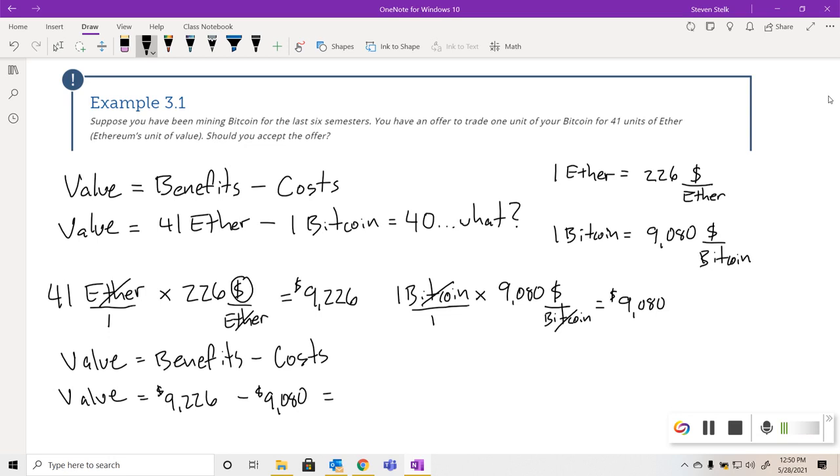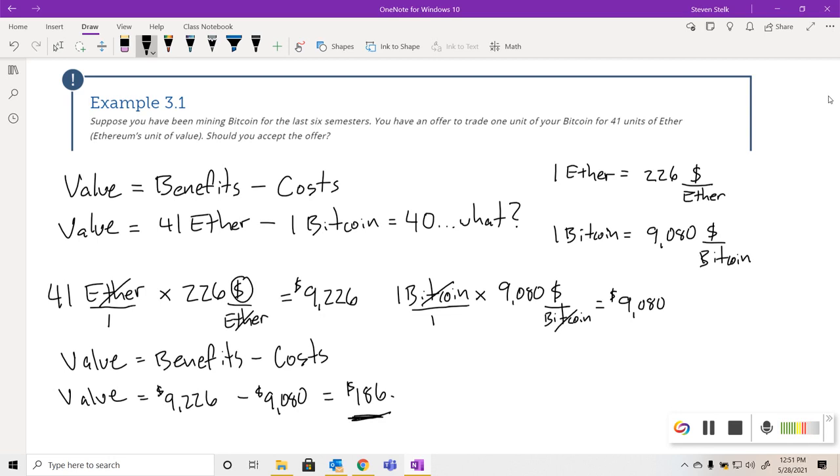The cost, what we're going to give up, is 1 unit of Bitcoin, which we have found is worth $9,080. And so when we take 9,226 minus 9,080, we get $186. And so this trade, if we were to execute it, if we were to accept it, giving up our 1 unit of Bitcoin for 41 units of ether, we are receiving something that is worth 186 more dollars than what we are giving up.